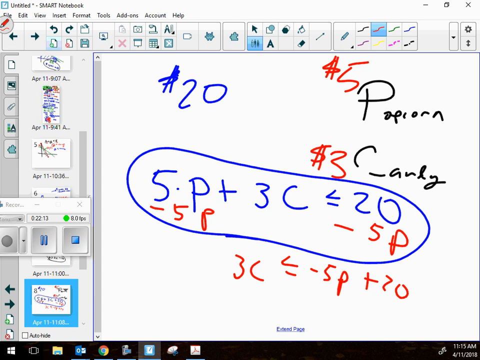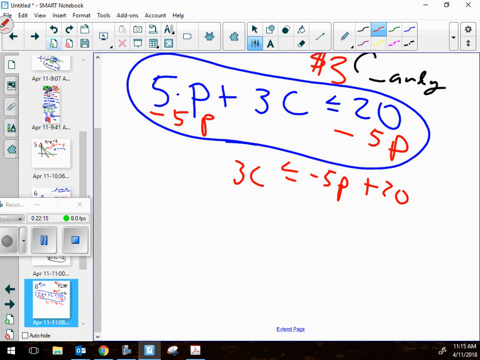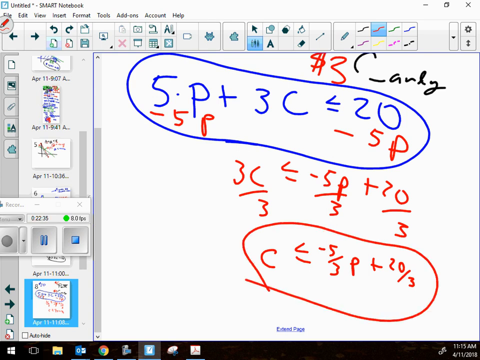Why did I put the p first? Because then it makes it look kind of like a slope. You didn't have to do it that way. Final answer, C less than or equal to negative 5/3 P plus 20/3 is an okay way to say it. If you wanted to, you could say 6 2/3 at the end there. Raise your hand if you had that one right.